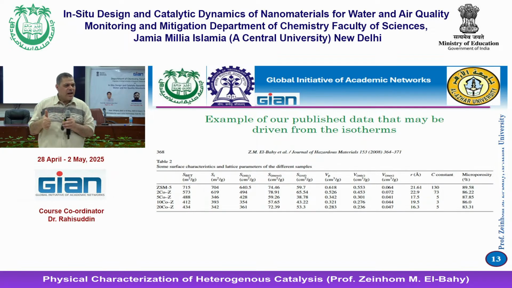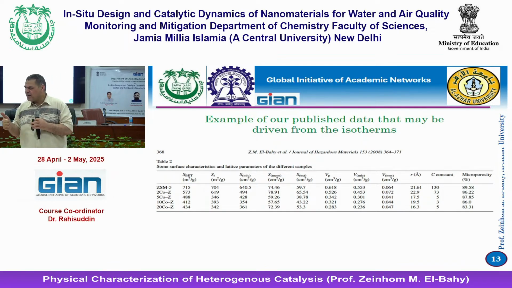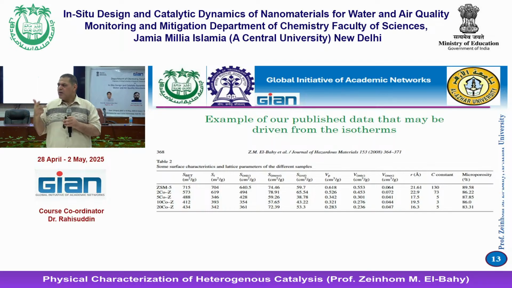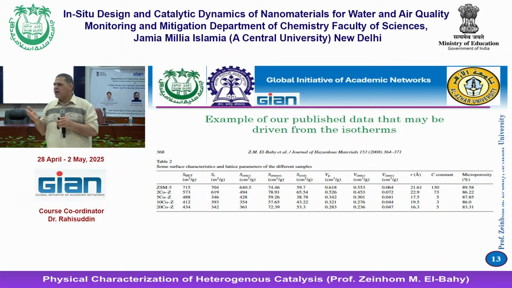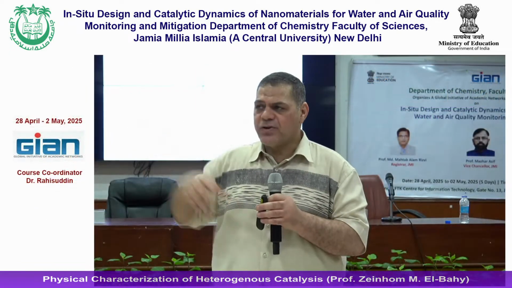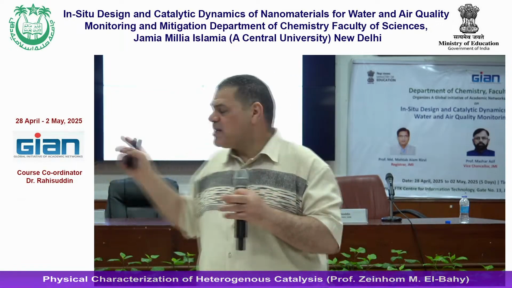If it has acidic sites or basic sites, or even if these basic or acidic sites are strong or weak, and what is the type of linkage between these sites, you will see here.